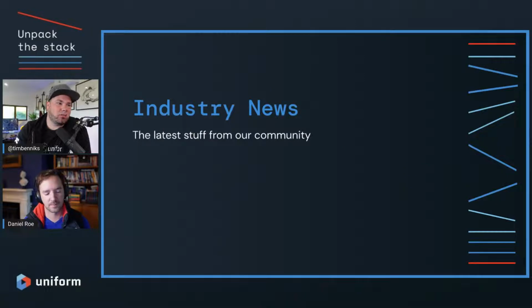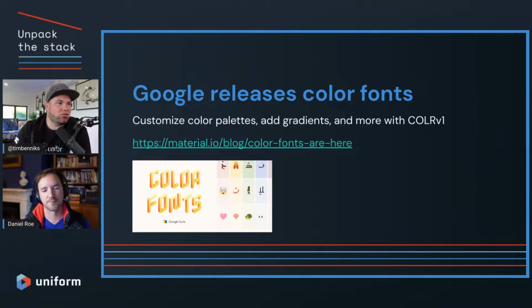Let's talk a little bit about some of our industry news. Daniel, feel free to chime in if you have anything. So first, this one was fun. I didn't feel like we're just going to look at Next versus Nuxt and stuff. Let's just do some proper front-end things. This one is, I think, a Google release, but I'm not sure if it's Google that did this. We have something called color fonts with a color v1 API.